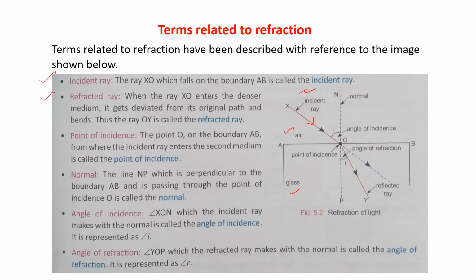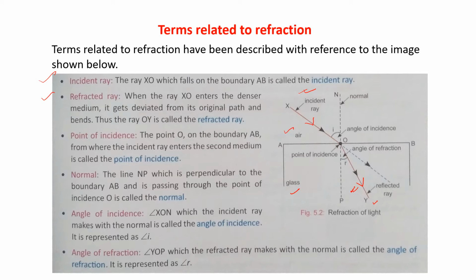You can see this is deviated and it is going out in this way. The arrow is given in this way. It bends. Thus, the ray OY, you can see here, is called the refracted ray.